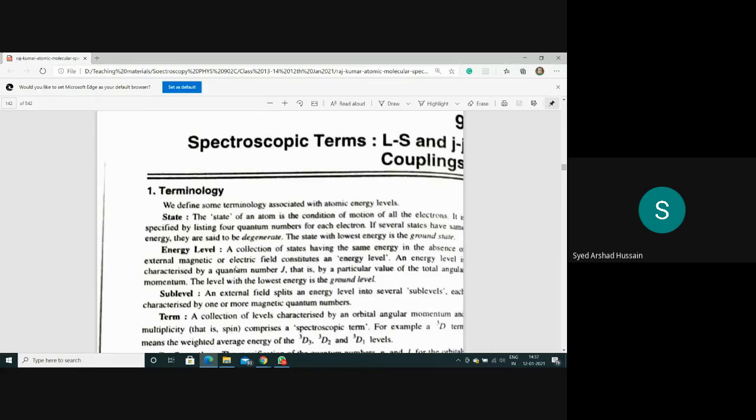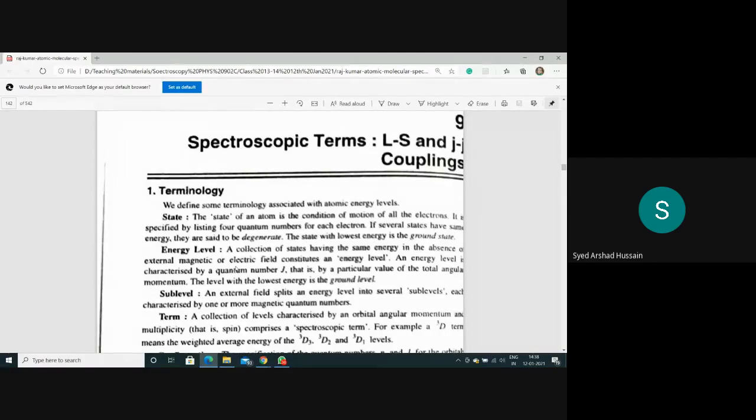These are characterized by the four quantum numbers n, l, ml, and ms. So if you are dealing with, say, a sodium atom, then the sodium atom has 11 electrons. If you want to comment on the state of the sodium atom, you have to give the values of the four quantum numbers for each and every electron, and this state should be unique according to Pauli's exclusion principle. So this is your state.